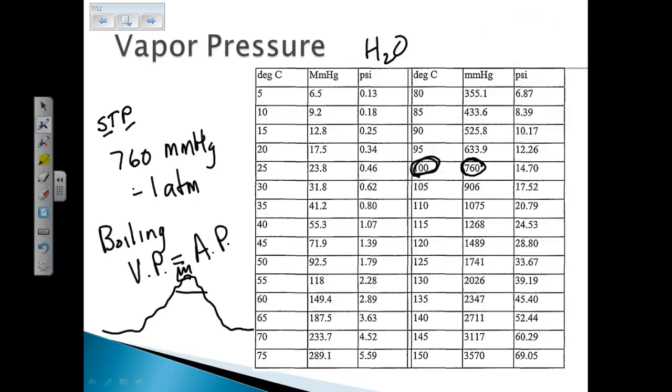So what if the atmospheric pressure now is only 633.9? Well, that means that water is going to boil at 95 degrees Celsius and not 100 degrees Celsius. So there are these tables, and that's just an interesting little side note about boiling point and vapor pressure.